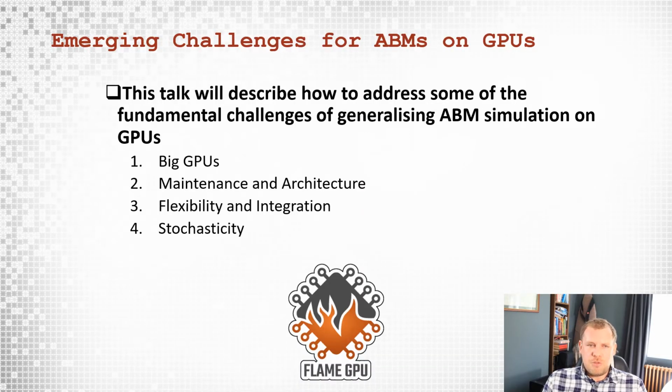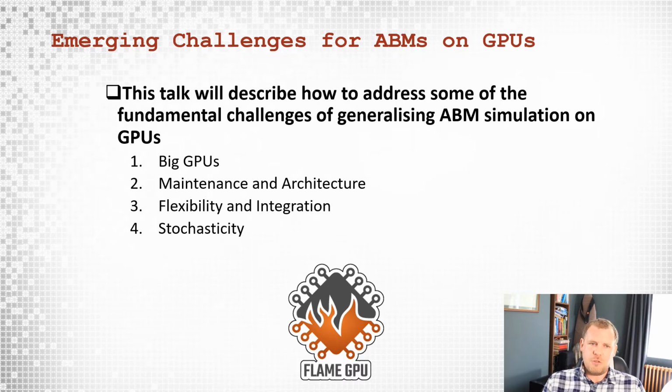Really what I'd like to address in this talk are the emerging challenges for agent-based modelling on GPUs. Where are the current limitations in what has been described previously? I've tried to summarize those as four points. One is big GPUs, the fact that GPUs have increased in parallelism. The second is maintenance and architecture of simulation code. The third is flexibility and integration, being able to describe models in a very flexible way and integrate them with other third-party tools and code.